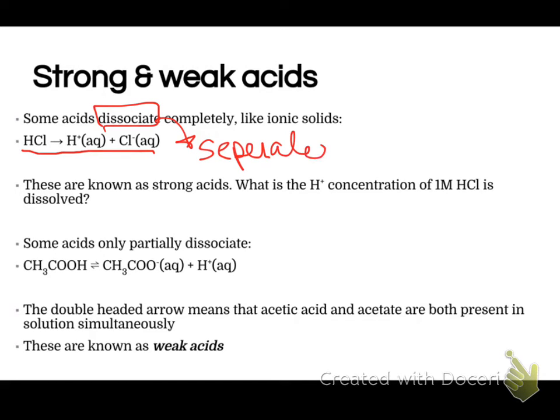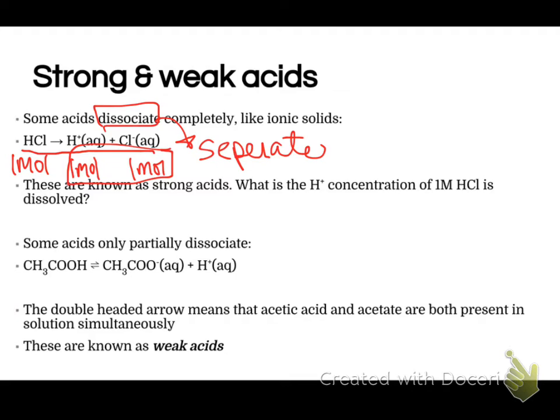So the hydrogen ion separates from the other part completely. Acids always make hydrogen ion. So here, every mole of HCl I put in results in 1 mole of H plus and 1 mole of Cl minus. So just like the salt, this NaCl before, we get lots and lots of ions that will conduct electricity.